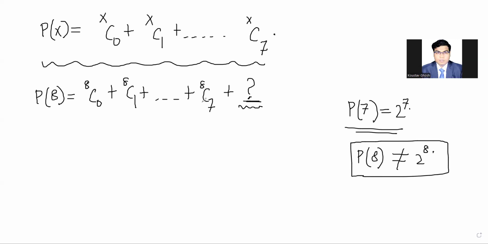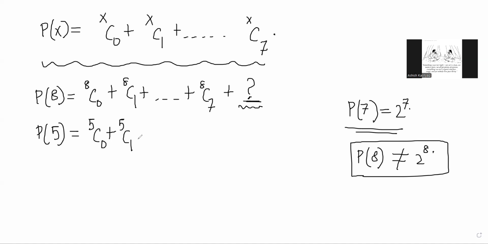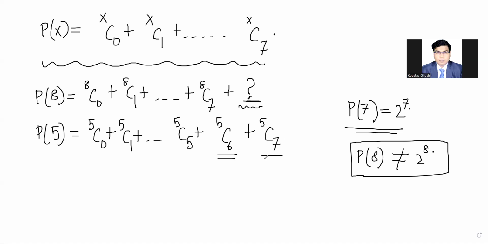But for any lower term, for example, P of 5, you will have 5C0 plus 5C1 till 5C5, and after that it will be 5C6 and 5C7, right? But these two terms are by definition 0. So it will be just 2 power 5 then.